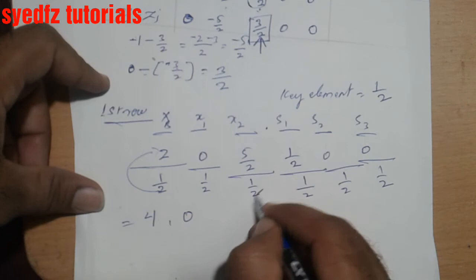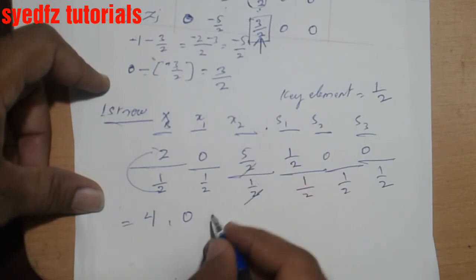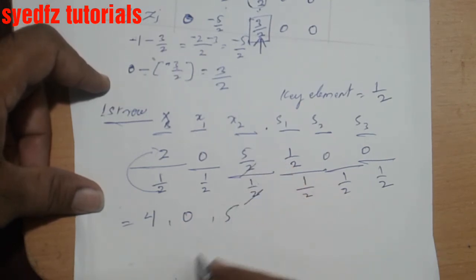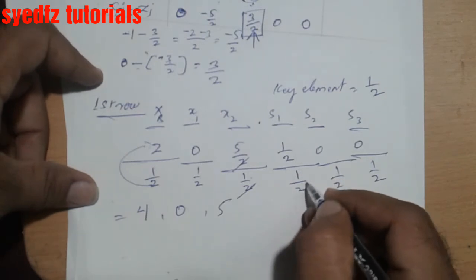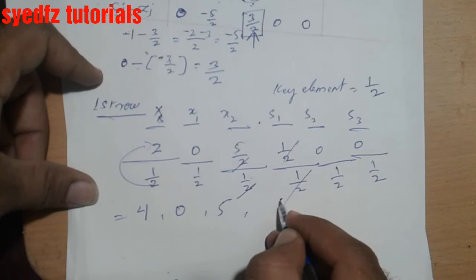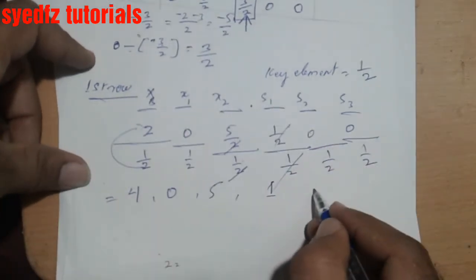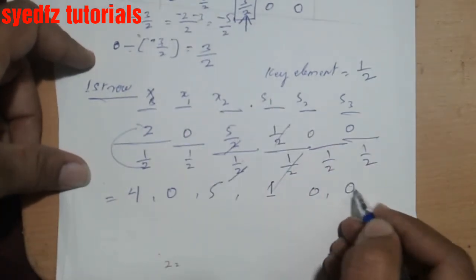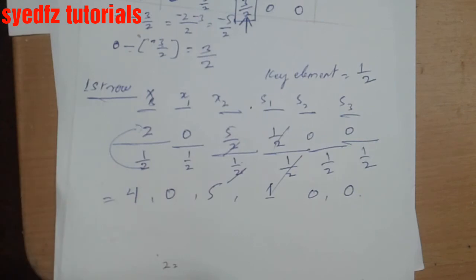Here 2 2s cancel. 5 divided by 1 is 5. 1 cancels, so the answer is 1. This one, 0 divided by any value is 0. This is the direct second row we got for the next table.